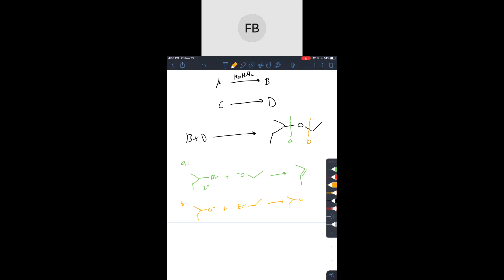So what does this mean? You want to use C and D because I think you forgot to write it, but the reactant is HBr.